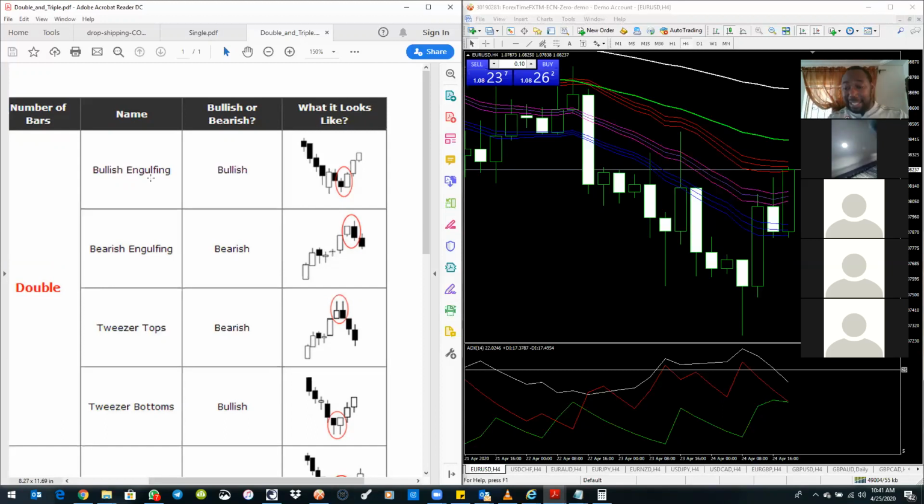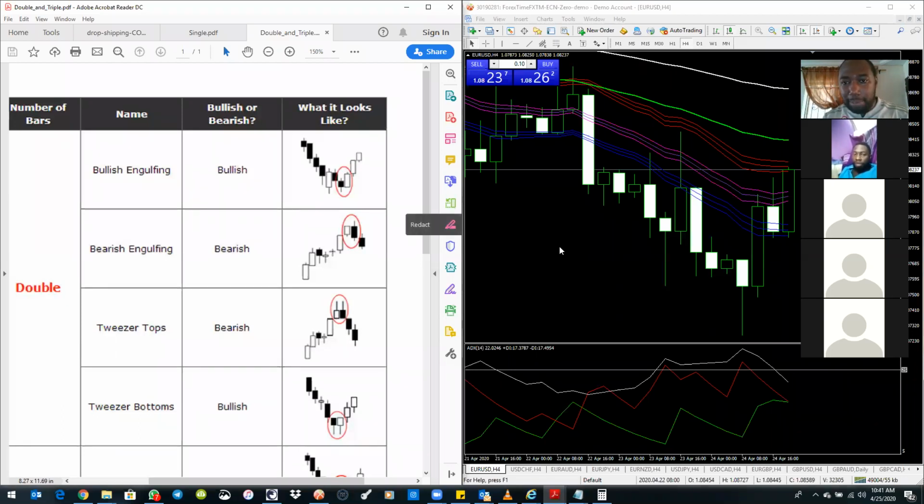Let me repeat that again, because this doesn't actually depict it very well. You have one candle bullish, the next candle bullish, the third candle bullish, then the fourth candle is bearish. But the size of that fourth bearish candle is bigger than the last 3 candles.